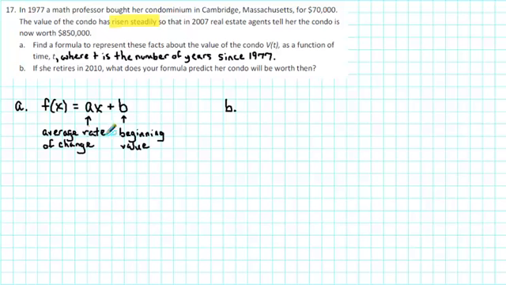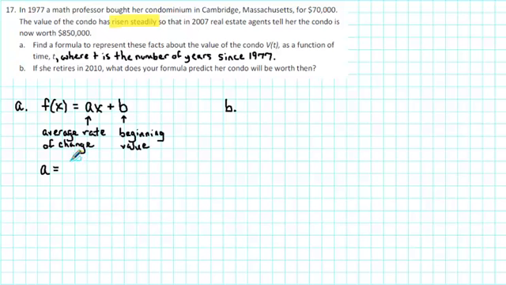What we'll need to do is to figure out the average rate of change. So what is the average rate of change? Our a value, first of all, we'll need to find the increase in the value of the condo.